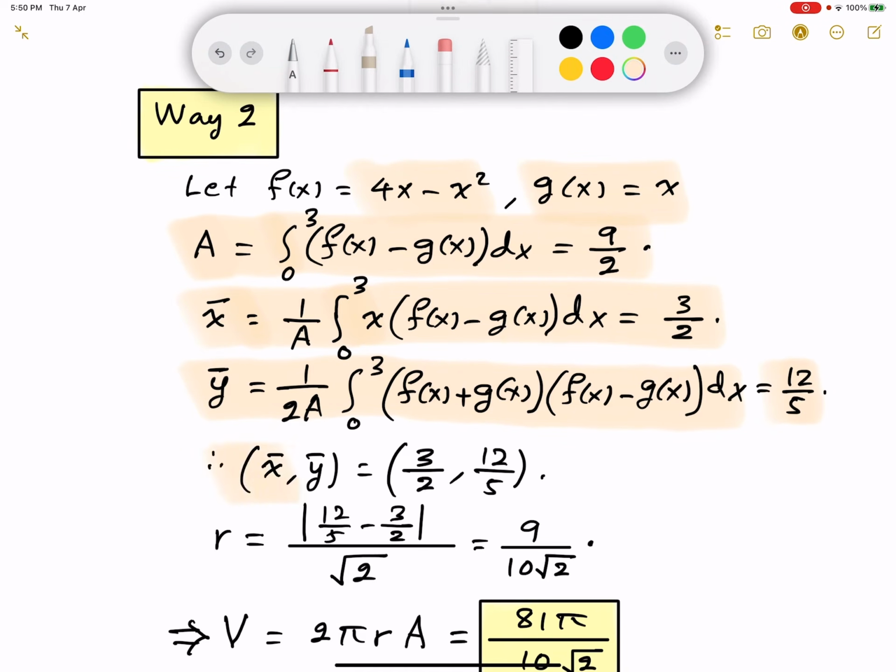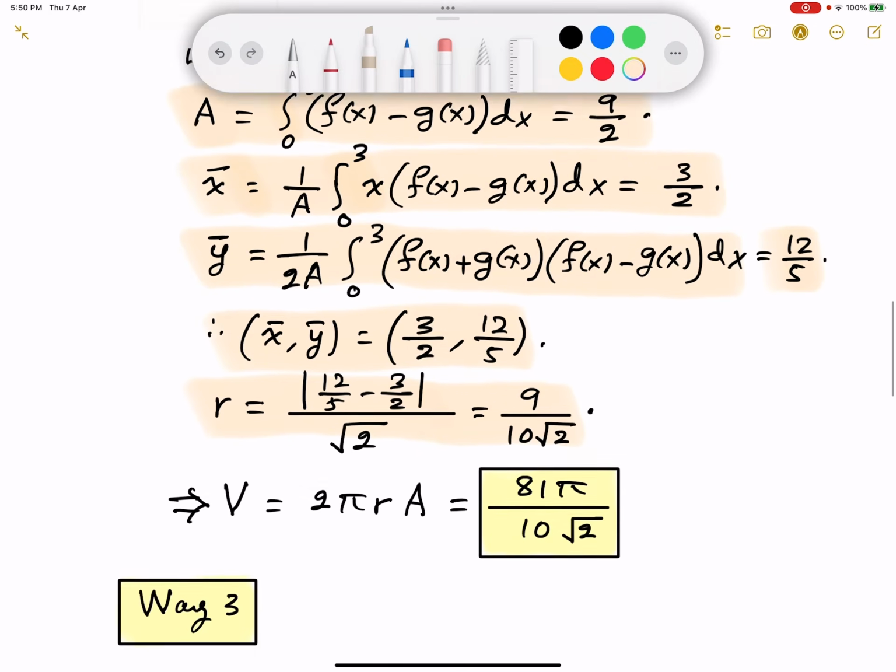Now we know the coordinates of the centroid, so we can go ahead and find the distance between the centroid and the axis of revolution, and we can benefit from the formula for calculating the distance between a point and a line, which is basically 9 divided by 10 the square root of 2. And then we can calculate the volume as 2 pi r multiplied by the area itself, and that would give us exactly the same answer.